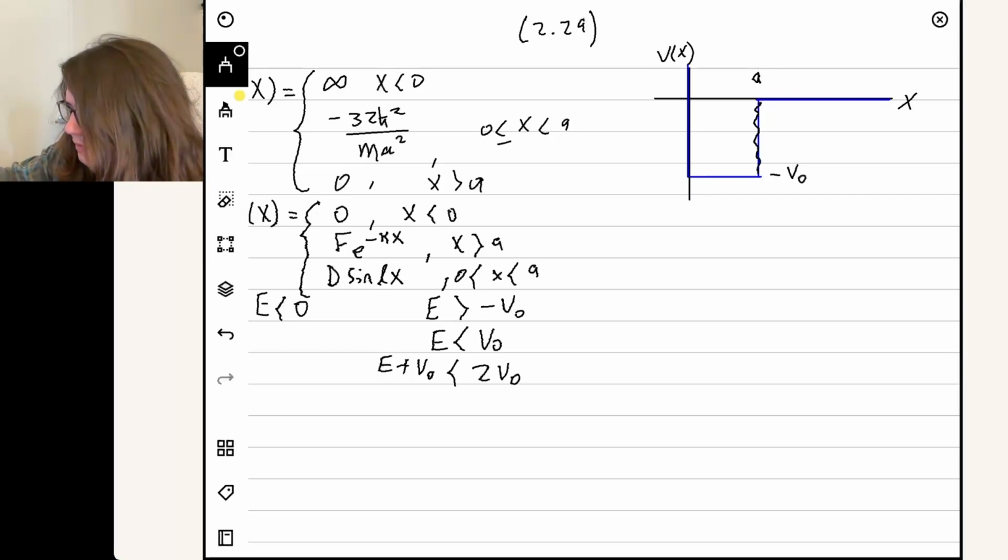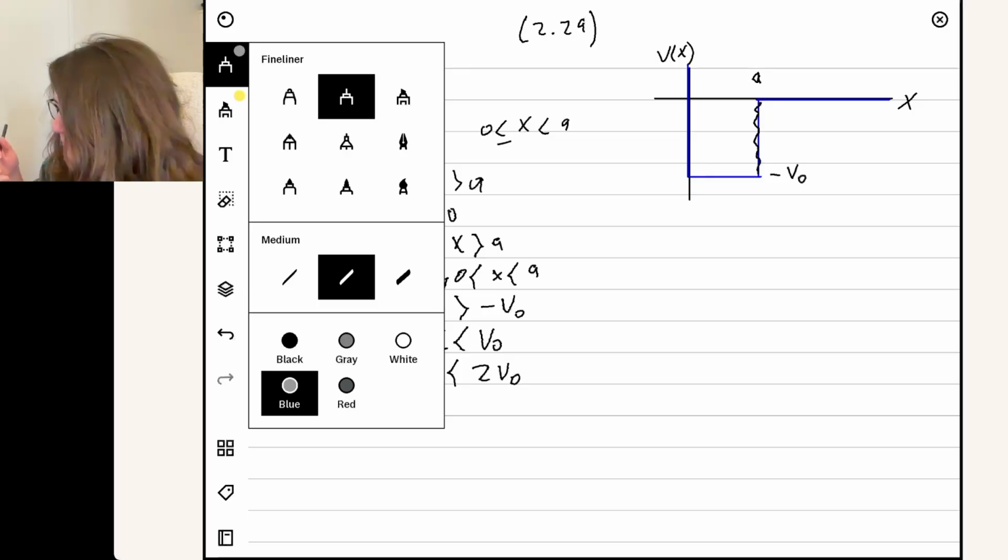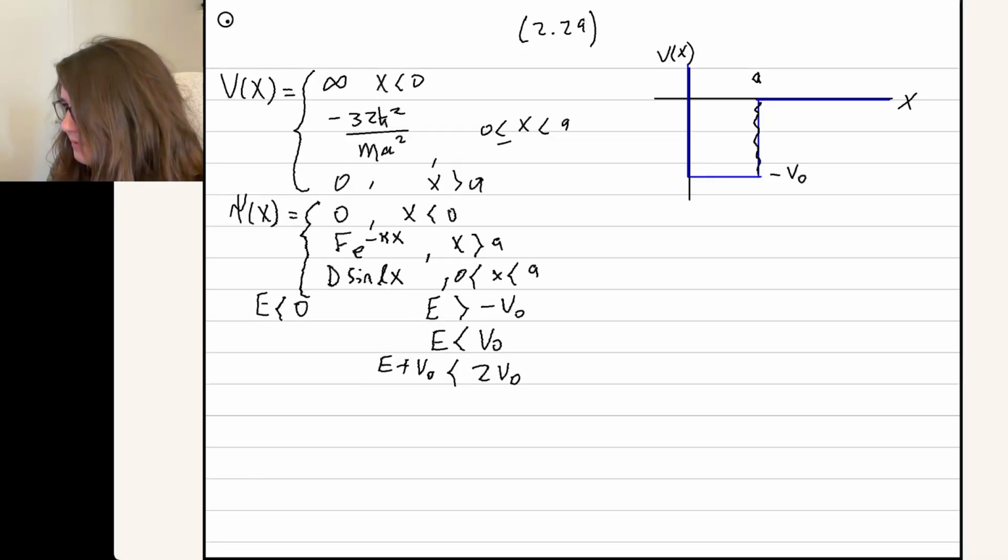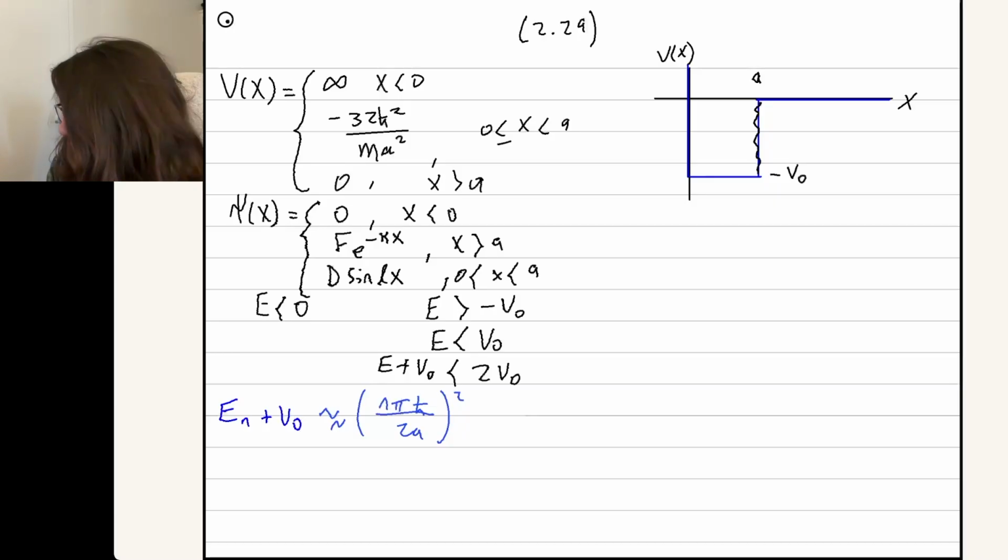And then we got from problem 29 that E sub n plus V naught was approximately just n pi h bar over 2a, all squared, divided by 2m, for n being any even number.